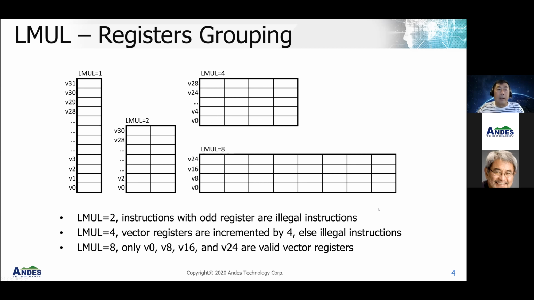If LMUL equals 2, 4, or 8, and any register is not listed here, then it will be an illegal instruction.